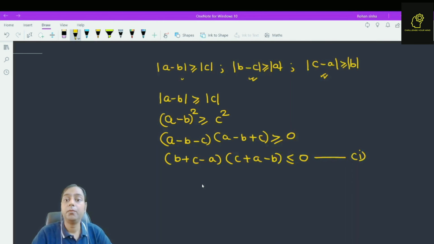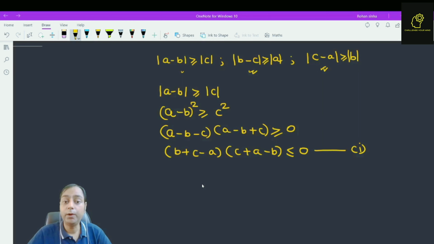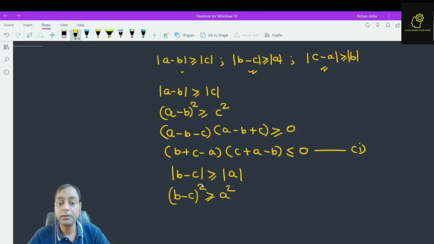Now, from the second condition, what is given? Modulus of B minus C is greater than or equal to modulus of A. Again squaring, we find (B minus C) whole square is greater than or equal to A square.